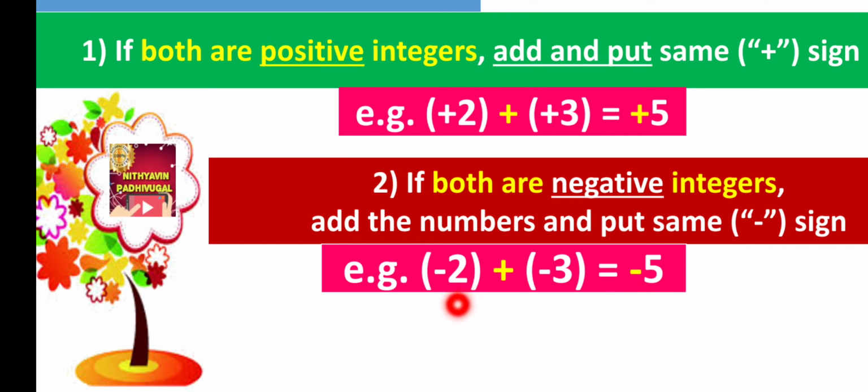So, if you are losing anything again and again, as a result, you have lost everything, right? So, giving 2 and again giving 3 means giving totally 5. So, minus 2 plus minus 3 is equal to minus 5. So, let us recall, positive plus positive is equal to positive. Negative plus negative is equal to negative.